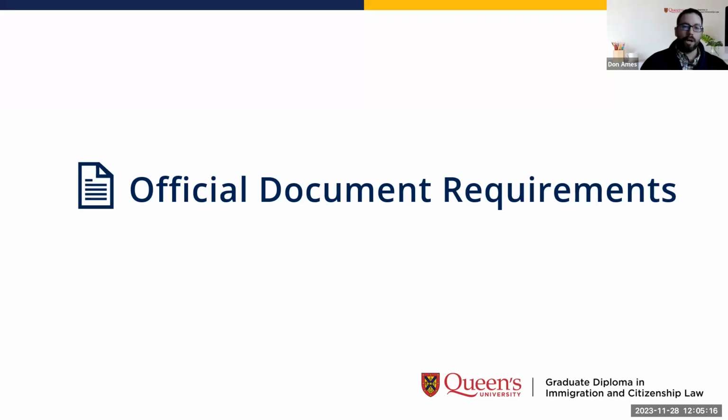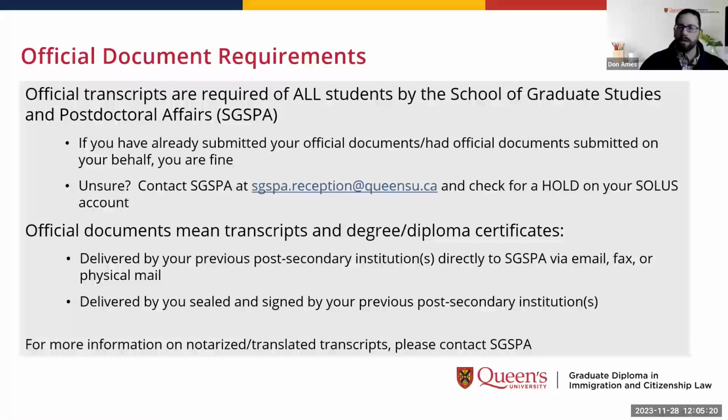But really, let's start off with official document requirements. This is something we have been hitting on for some time now. We have been emailing you about official documents ever since you accepted your offer of admission. It's really key that this is your number one focus right now, if it hasn't already been, because our partner, the School of Graduate Studies and Postdoctoral Affairs, or SGSPA for short, requires all incoming students to submit official transcripts from all post-secondary study.